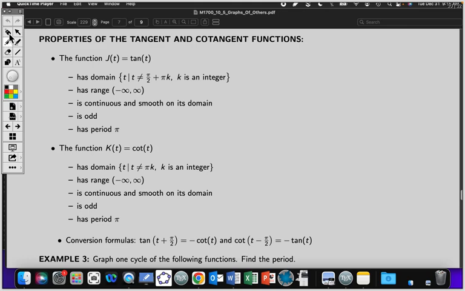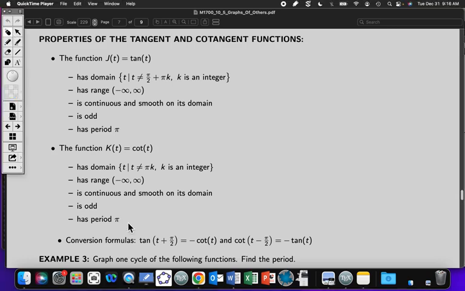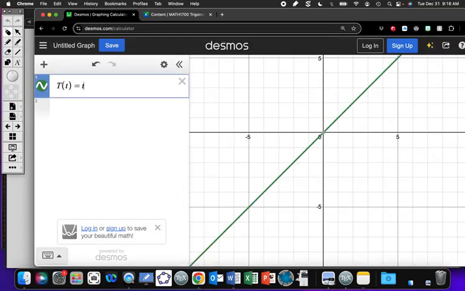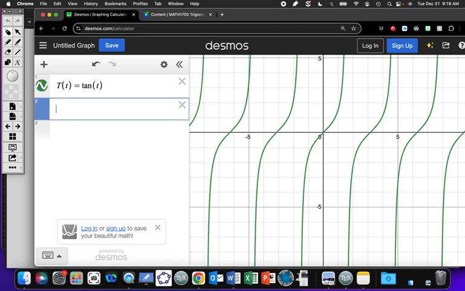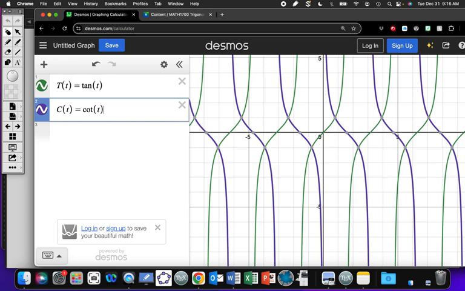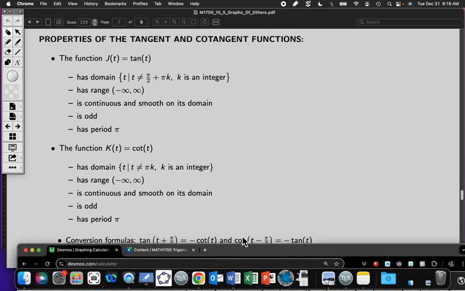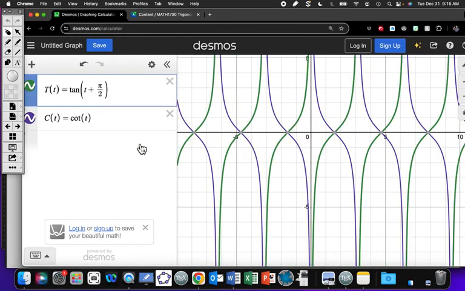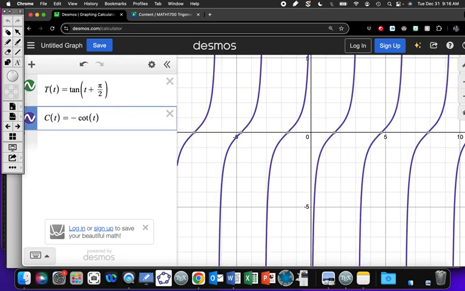If we look at tangent and cotangent, let's fire up Desmos to graph both of these here. So we'll put t of t to be the tangent of t, and c of t to be the cotangent of t. They're off for more than just a phase shift, right? So if we try the standard phase shift, like a pi over 2, they don't quite match up unless I put on a negative there to flip them over.